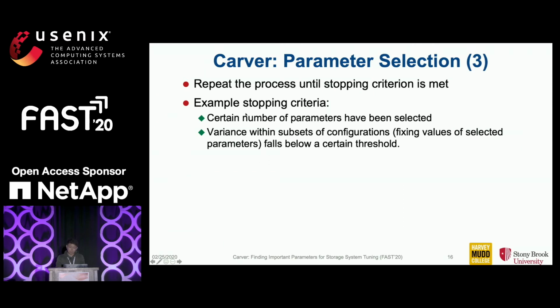Another example of criteria is that if the variance within each subset of configurations by fixing the values of already selected parameters falls below a certain threshold, Carver will just stop. The intuition behind this is that fixing the values of selected parameters already results in a configuration space where all possible configurations have very similar performance. Therefore, there's no need to further select any other parameters.